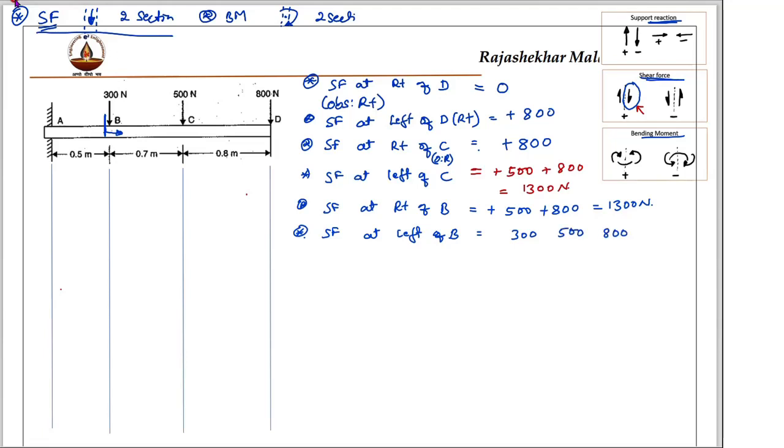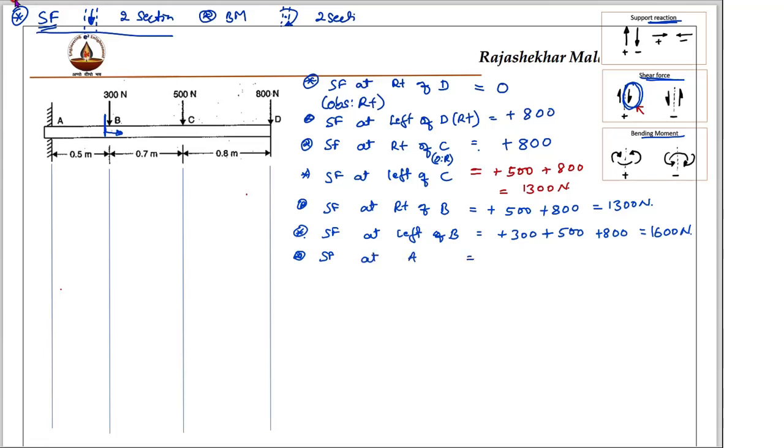All forces are right side downward, positive. Then the total answer is 13 plus 6, 1600 Newton.